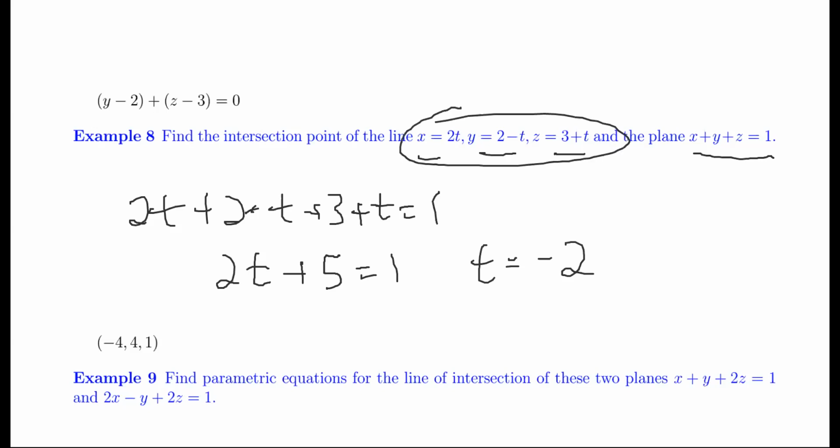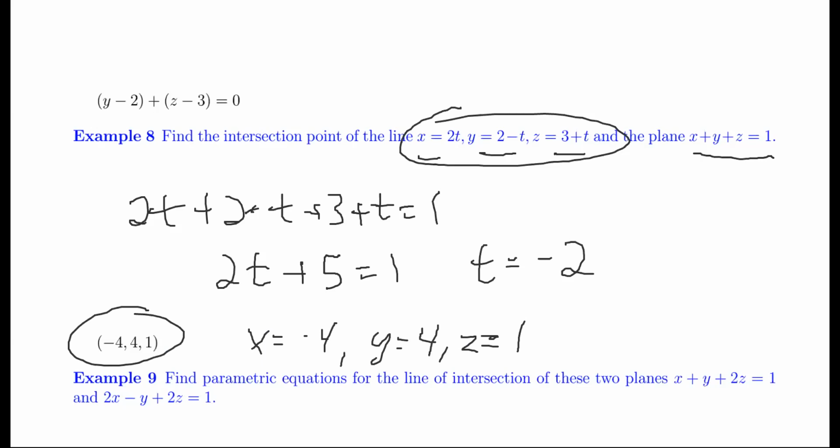Then x is equal to -4. y is equal to 2 minus -2, which is +4. And z is equal to 3 minus 2, which is 1. And that gives us the point -4, 4, 1.